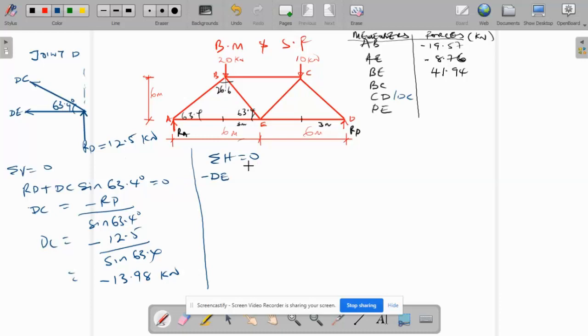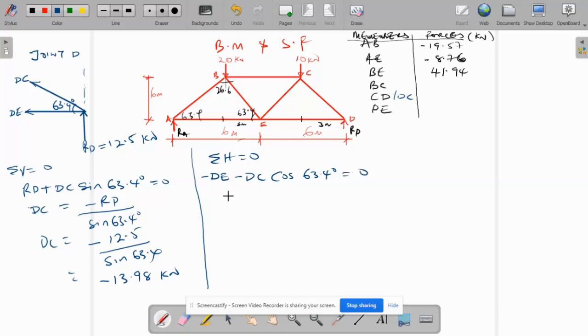Then when we resolve this, it will still be acting, minus DC cos, since we are resolving horizontally, cos 63.4 degrees. So here we are looking for DE. Our DE, this is equal to 0.